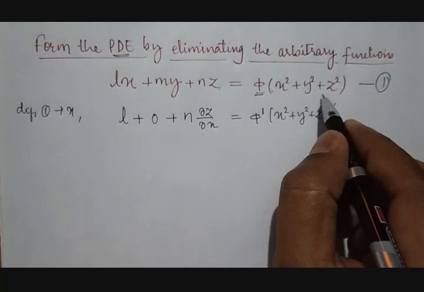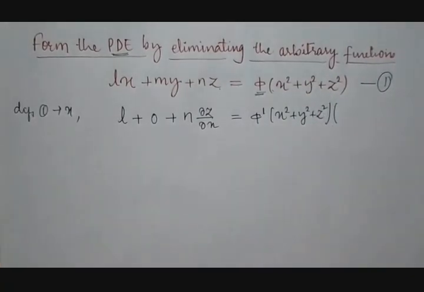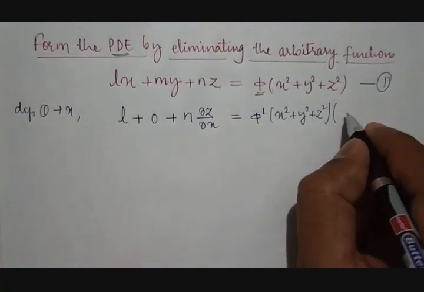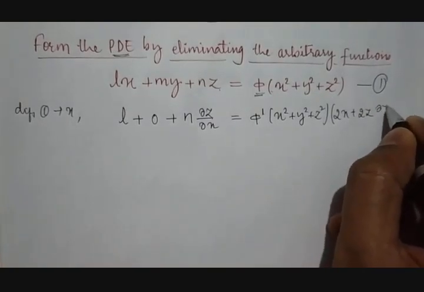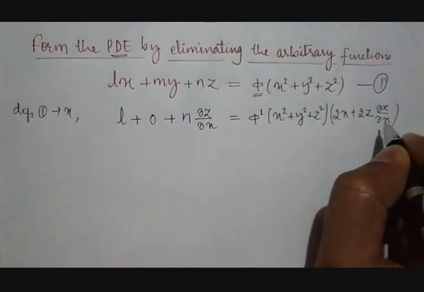The differentiation of the bracket with respect to x will be 2x plus 2z into dou z by dou x.